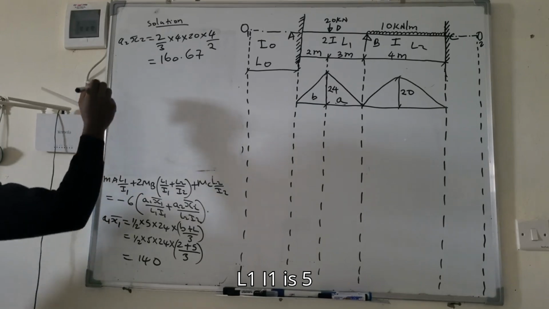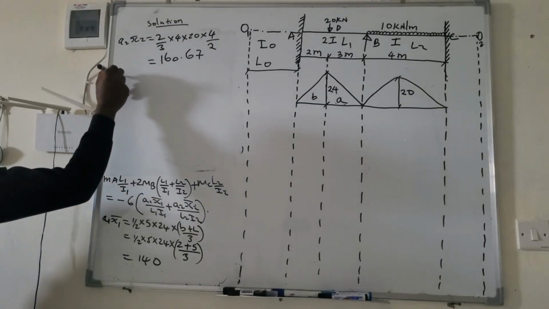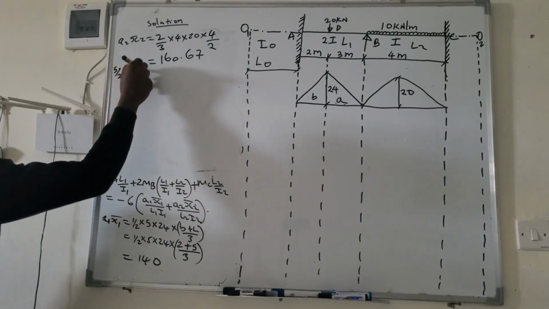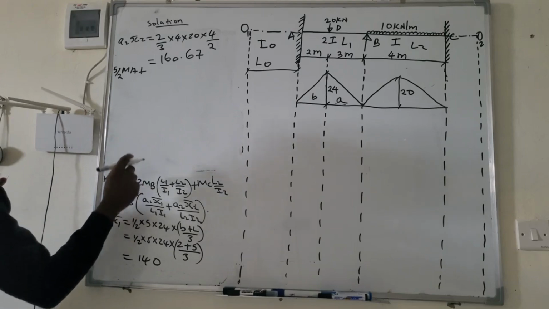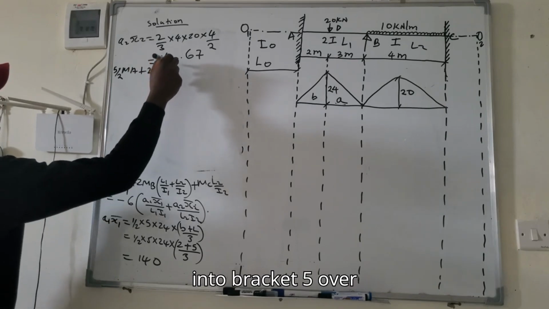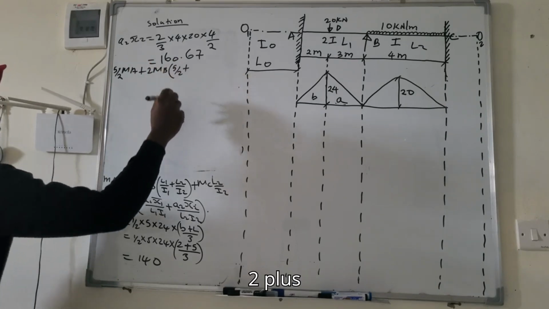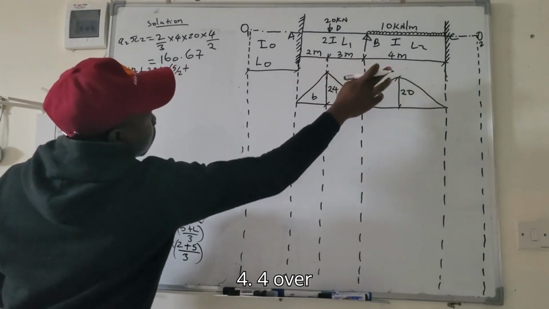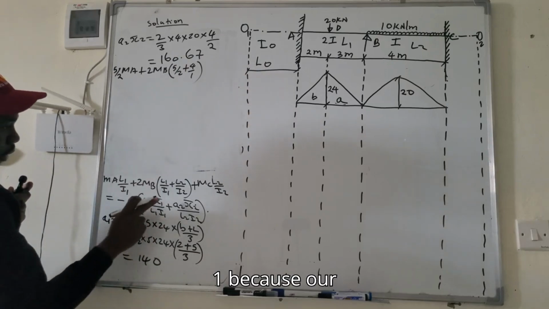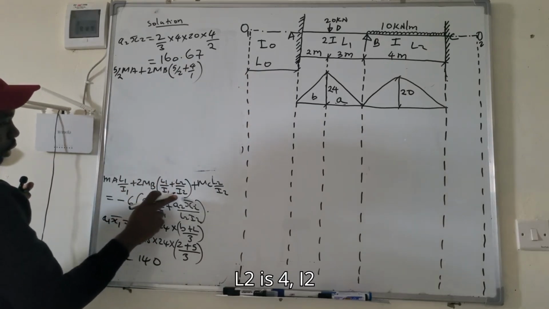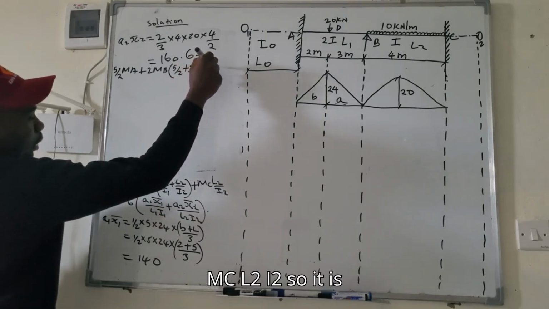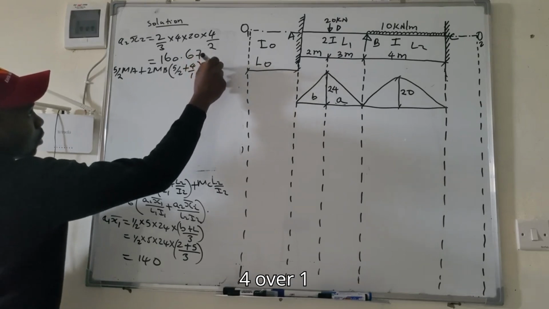So L1 I1 is 5 over 2 MA plus 2 MB into bracket 5 over 2 plus 4 over 1, because our L2 is 4, I2 is 1, plus MC L2 I2. So it is 4 over 1 MC.